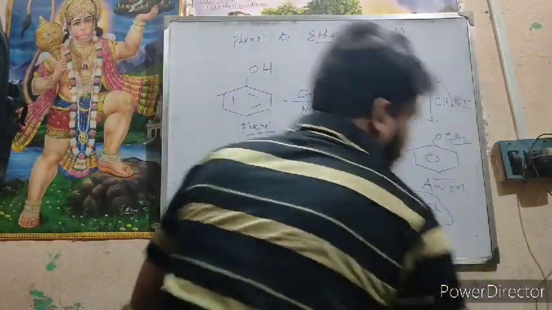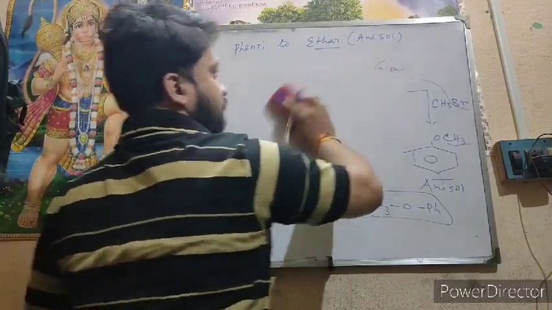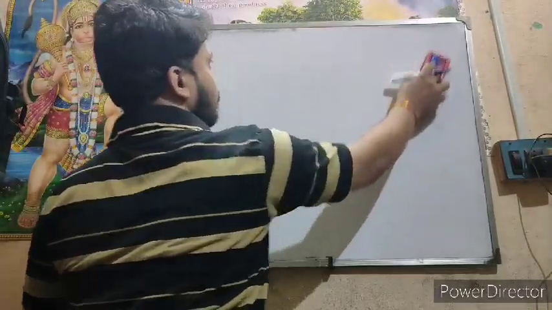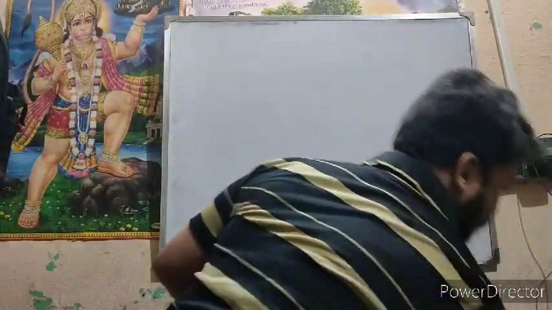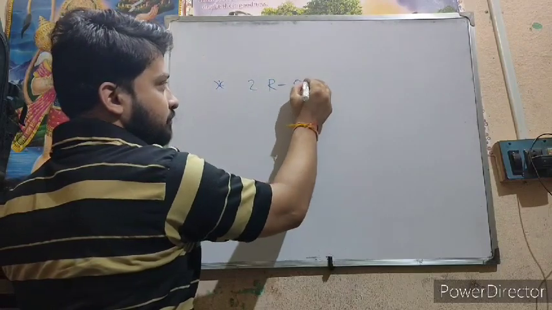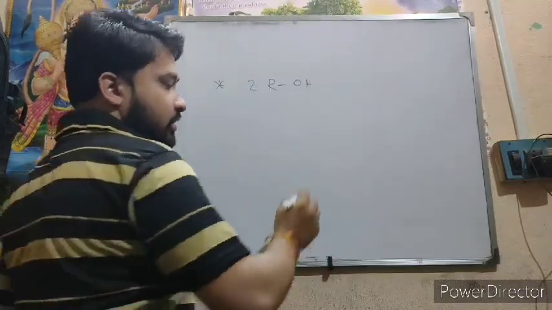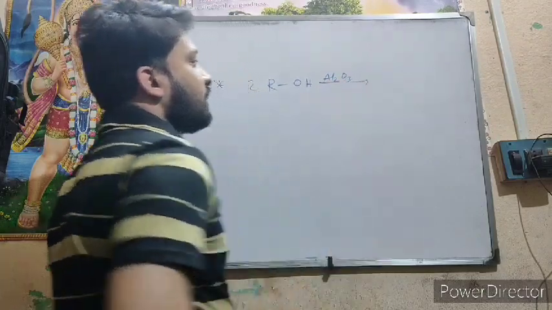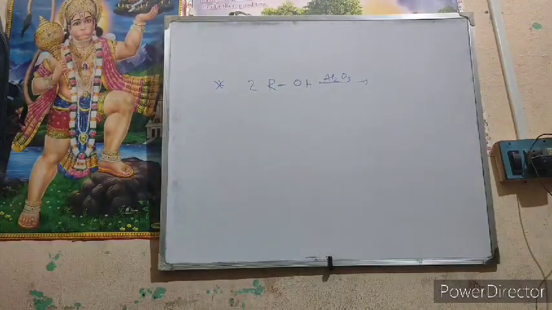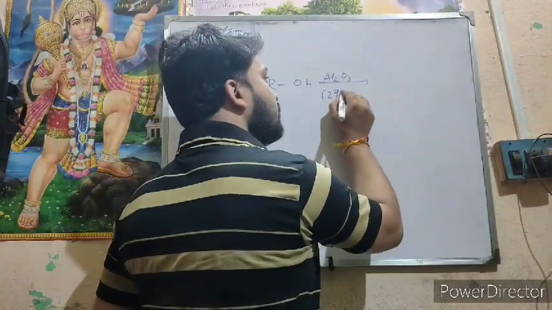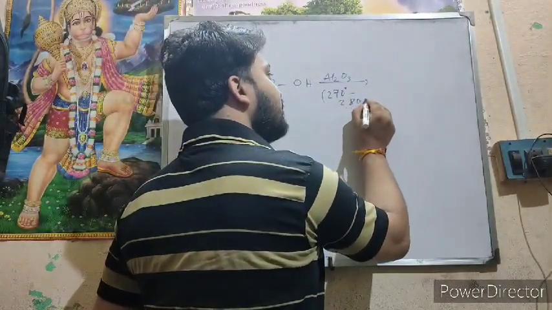Then there is one more process. Take 2 ROH and react with Al2O3 at 270 to 280 degrees centigrade.